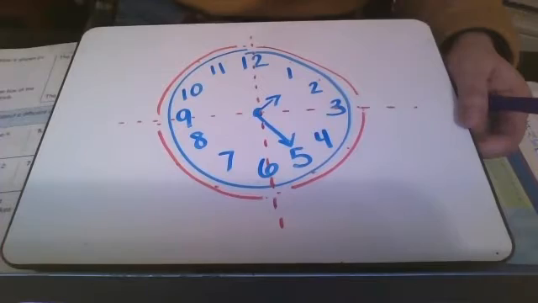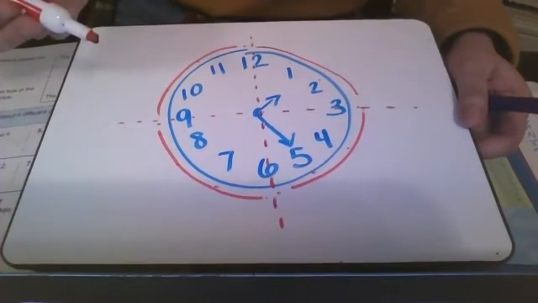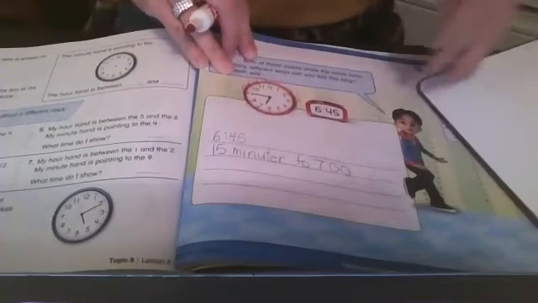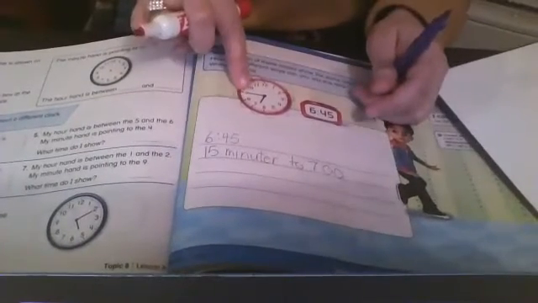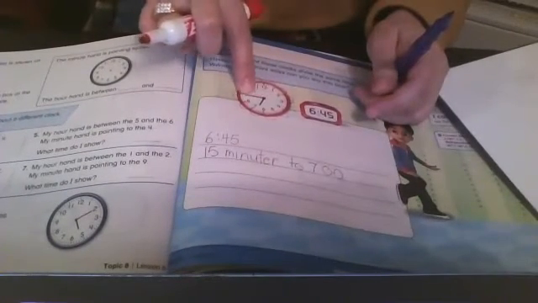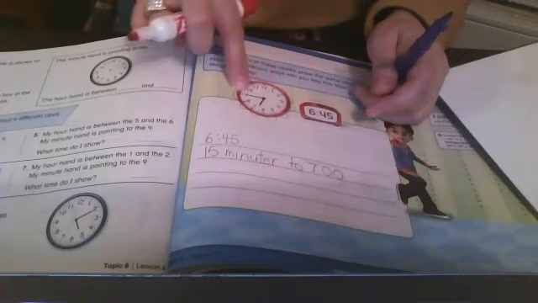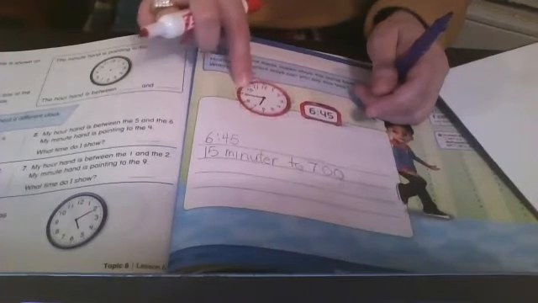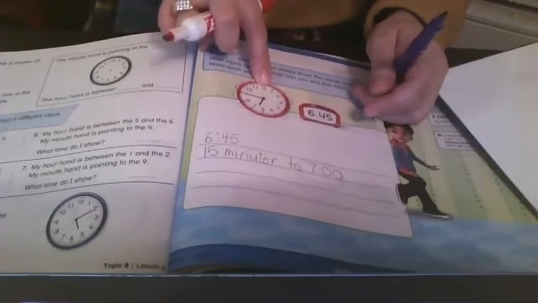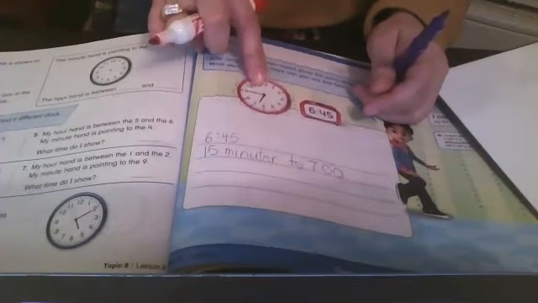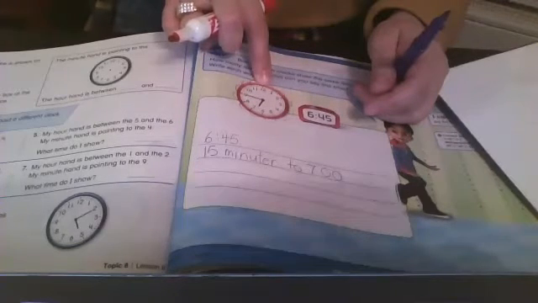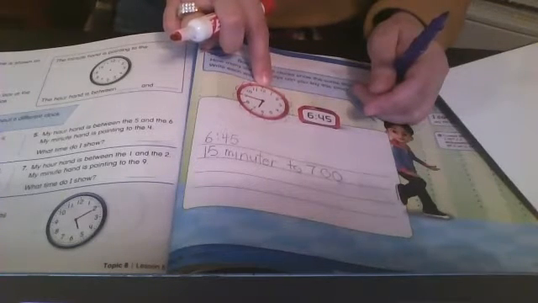Okay, so keeping that in mind, if I come back to my clock here, I see that my minute hand is right in this quarter section, this last quarter. So another way that I can read this clock is to say it's a quarter until 7, right?